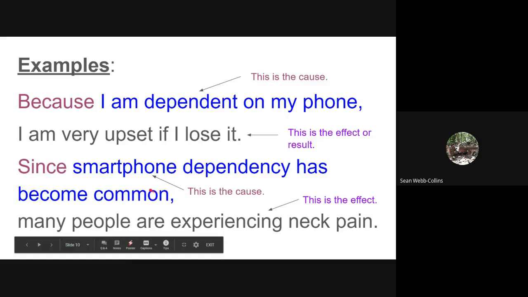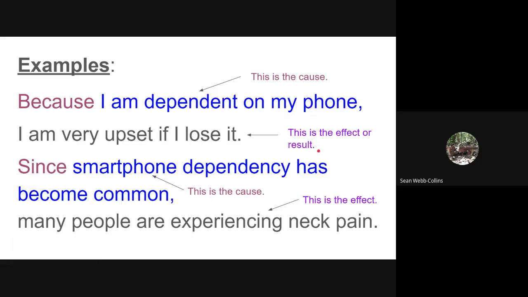Again, this is the cause, this is the action, and the result or the effect is that many people are experiencing neck pain. Which one happens first, the dependency or the neck pain? That's right. The cause in each sentence is what starts the result. Without the cause, there is no effect or no result.